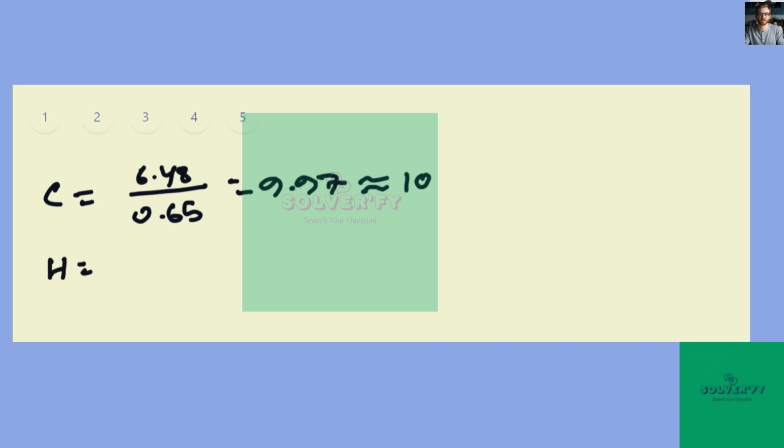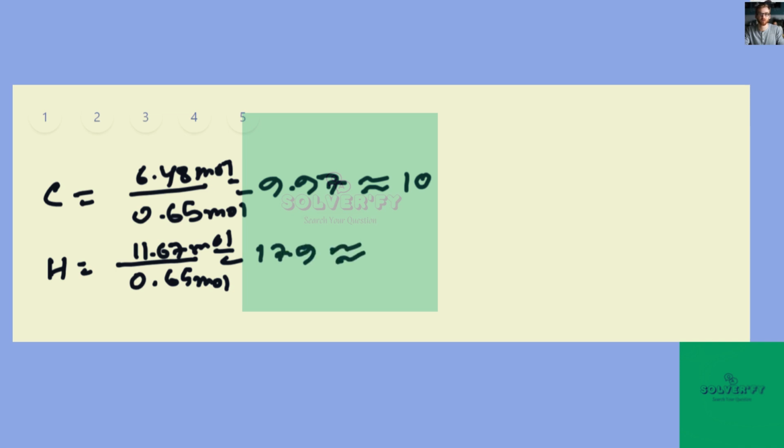Then the ratio for hydrogen will be 11.67 over 0.65, and it will give us a value of 17.9, which we can consider as 18.